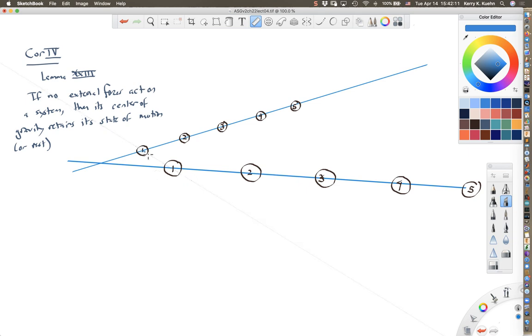So these two, the center of gravity is going to lie somewhere along that line, and at this moment in time, the center of gravity is going to lie somewhere along this line.